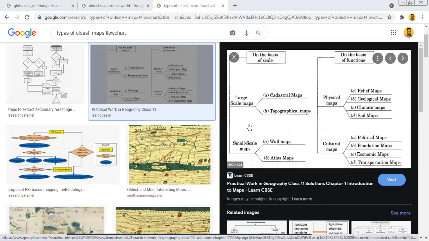Nowadays we use maps to explain everything, even population, where the schools are located in our state or country, where they are lacking, and about soils, forest, climate, even rainfall, and to show empty lands.